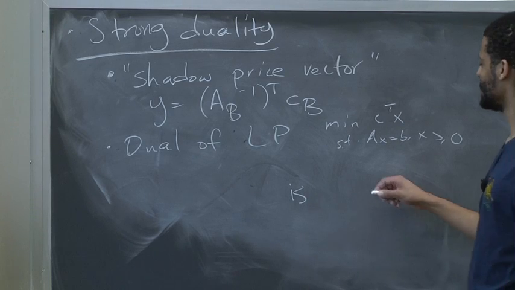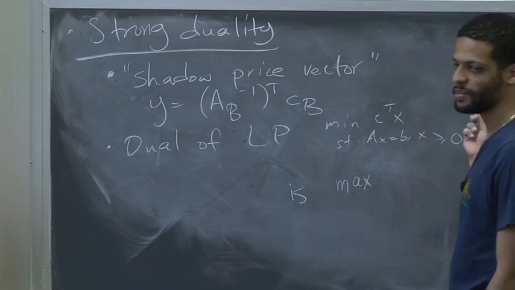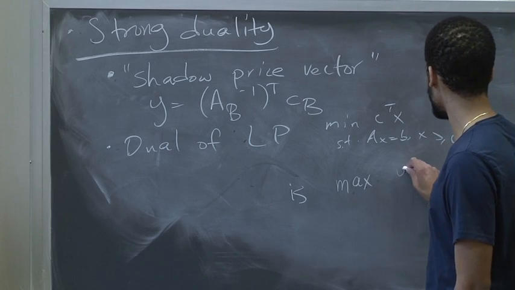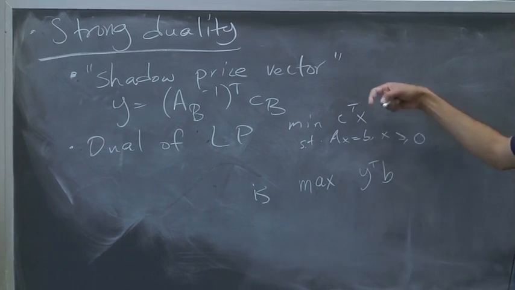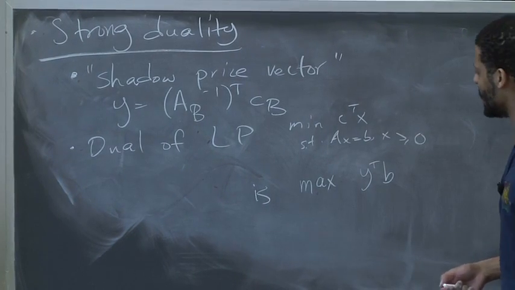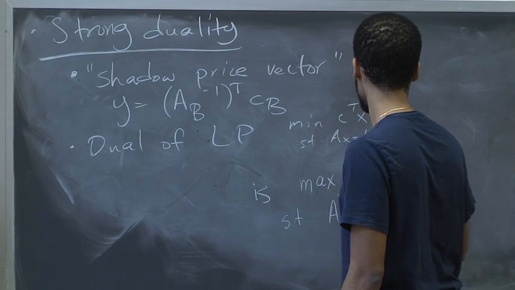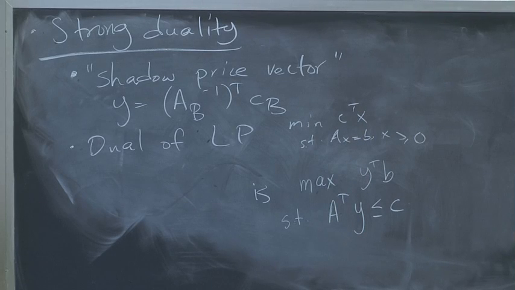Okay, so first, I'm not going to min, I'm going to max. What am I going to max? Yeah, y transpose b, right? So the right-hand side becomes the objective, such that A transpose y is at most c. That's the dual.